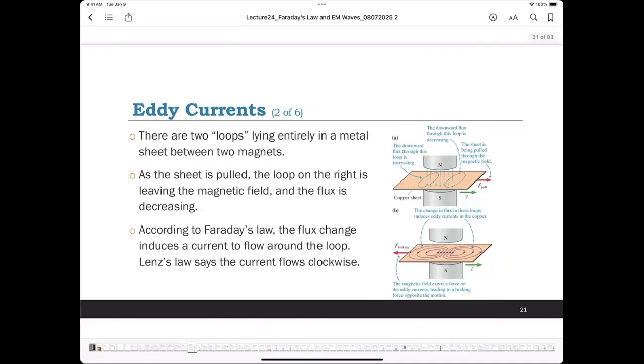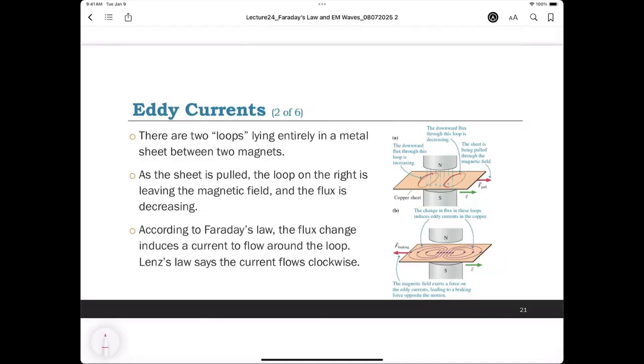There are two loops lying entirely in a metal sheet between two magnets. Here, there is a downward flux through this loop.